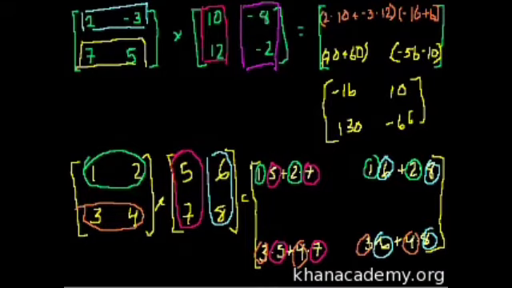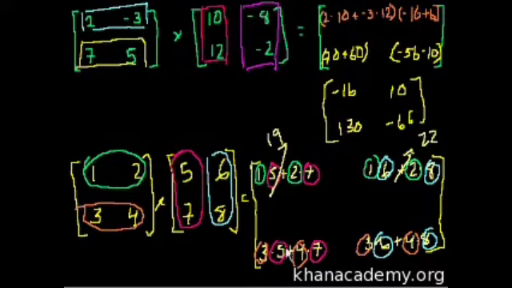And then we can, of course, simplify all of them. This was 1 times 5 plus 2 times 7. So that's 5 plus 14. So this is 19. This is 1 times 6 plus 2 times 8. So that's 6 plus 16. So that's 22. This is 3 times 5 plus 4 times 7. So 15 plus 28.